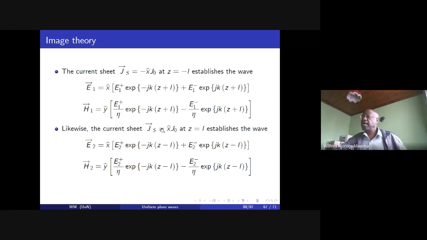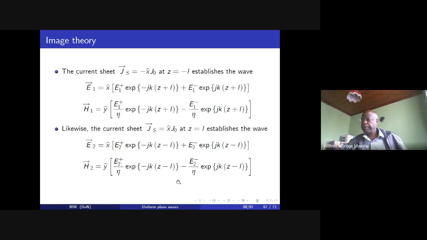The actual current sheet that we started with at Z equals L will itself establish a wave E2, with a component going in the positive Z direction and a component moving in the negative Z direction, as well as the magnetic field. And again, we see that at the position of the current sheet, we want this argument to be equal to 0. So we have Z minus L, so that when we put Z equal to L, we get a 0 at the current sheet.